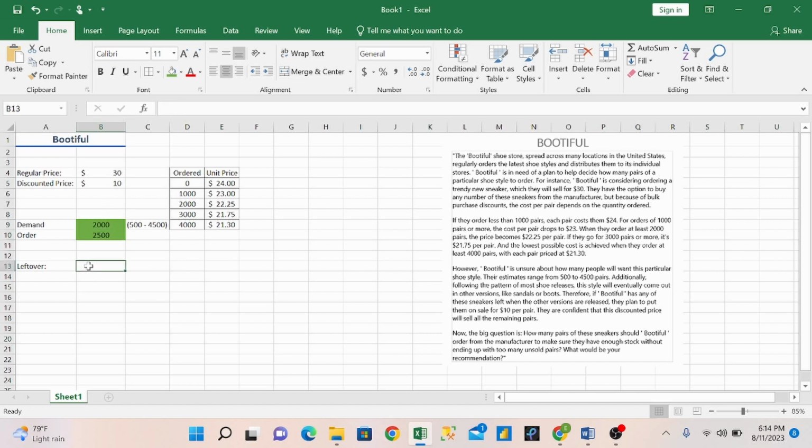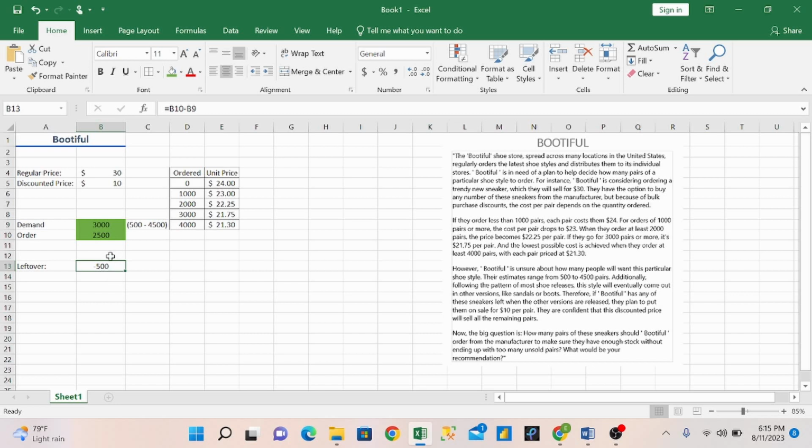I know a lot of you want to subtract the order from the demand, which is going to work. But what if 3,000 is being demanded? I can't have negative 500 left as leftovers because I can't sell what I don't have.